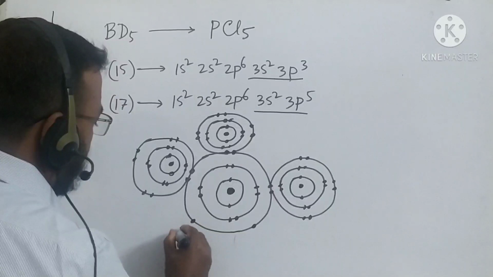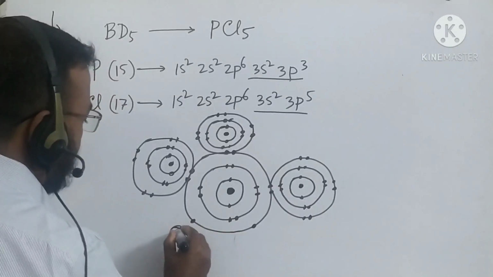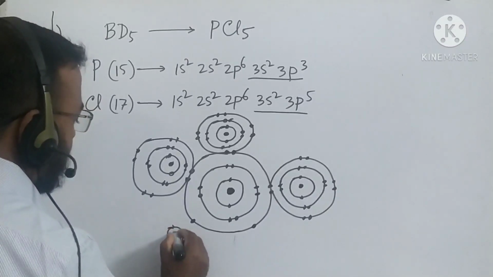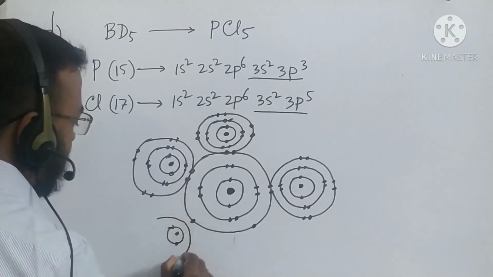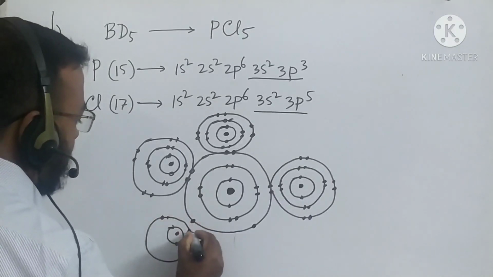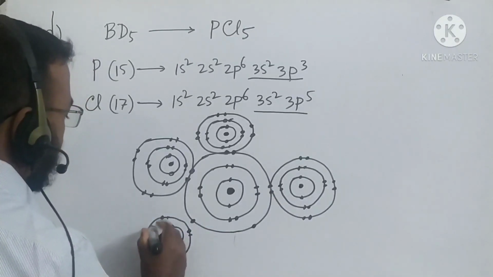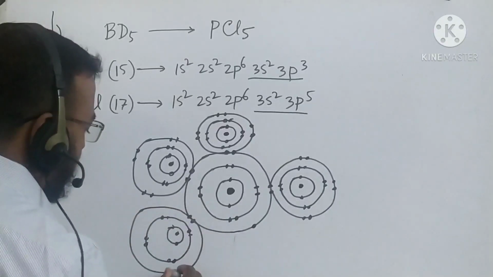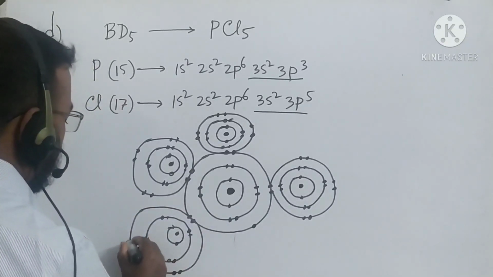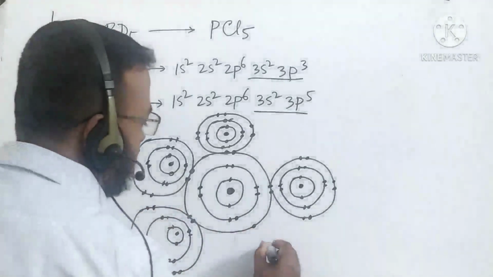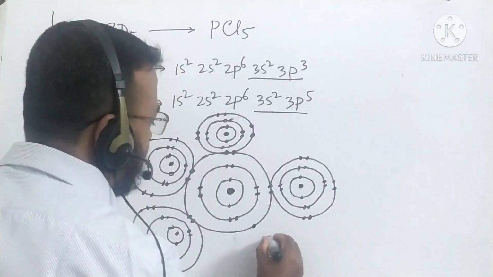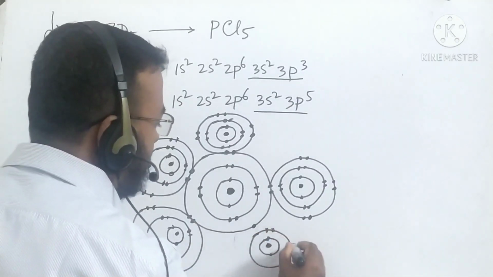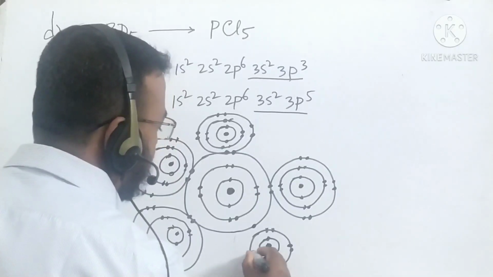Now here is another chlorine: first energy level 2 electrons, second energy level 8 electrons. The third energy level shares one electron. Here is another chlorine: first energy level 2 electrons, second energy level 8 electrons.